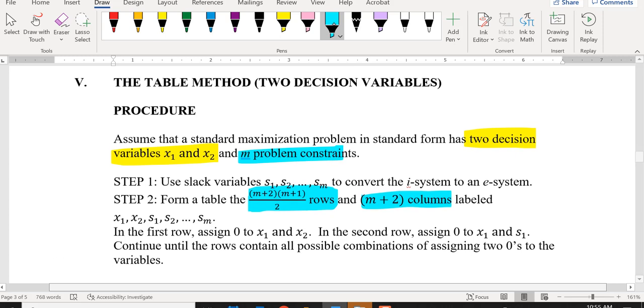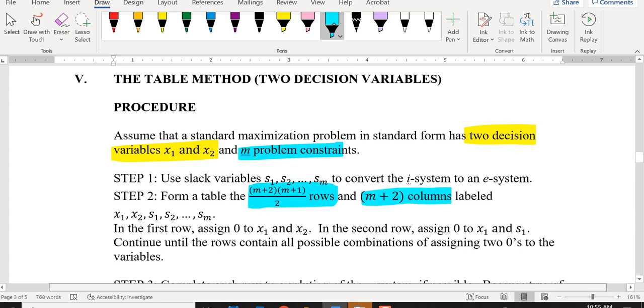In the first row, you're going to assign 0 to x1 and x2. In the second row, you're going to assign 0 to x1 and s1. And you're going to continue until all the rows contain all possible combinations of assigning 2 zeros to the variables.